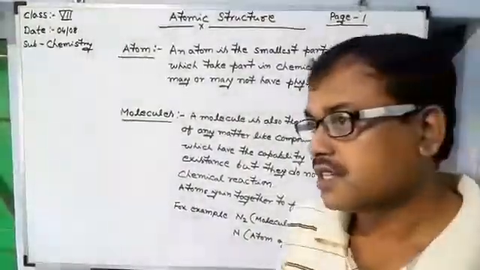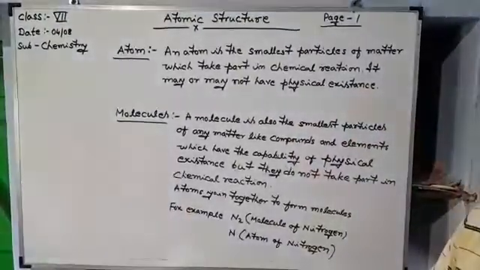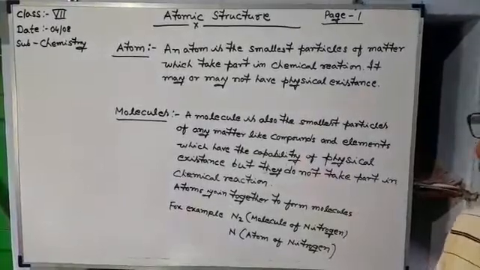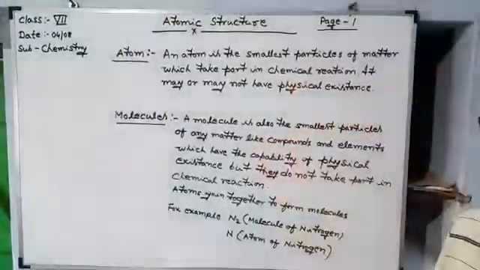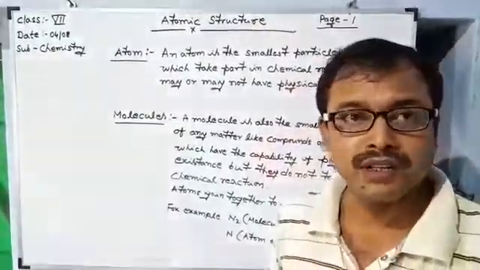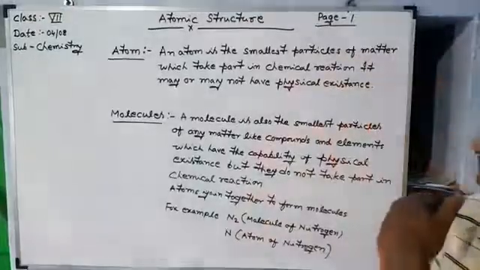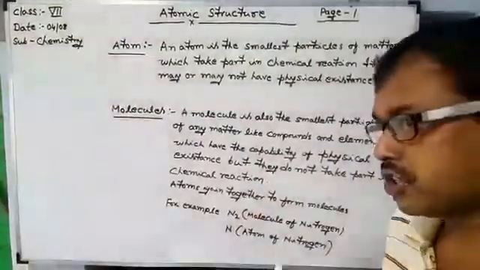Some atoms have the ability of physical existence, like the noble gas atoms helium, argon, krypton, xenon, because they are inactive. They do not take part in chemical reactions, but most of the atoms are active because they are not stable in nature.